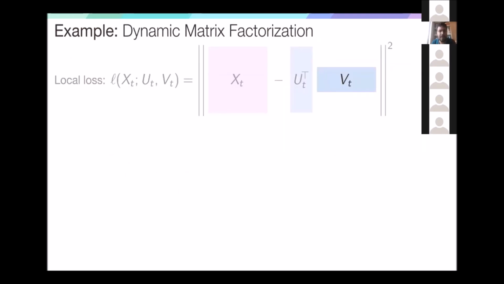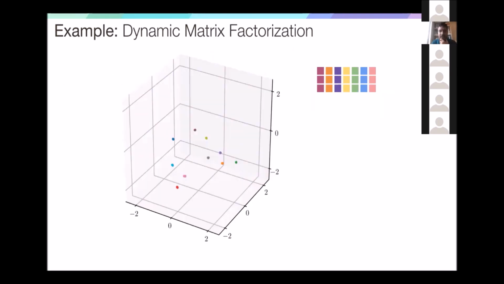Let me see what's the most important slide here. Okay, so if you think of the matrix factorization problem, and now we're coloring the slices of the matrix as different colors, we can actually visualize what's going on.